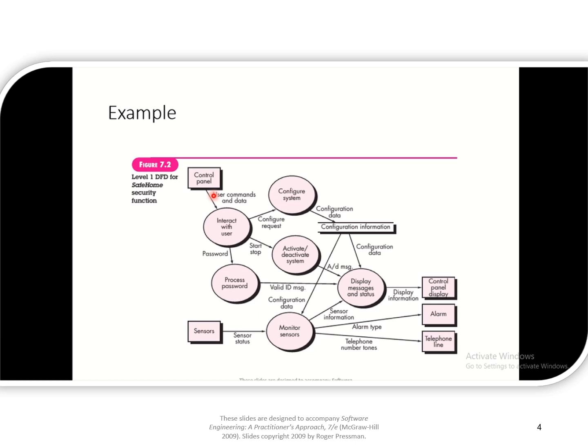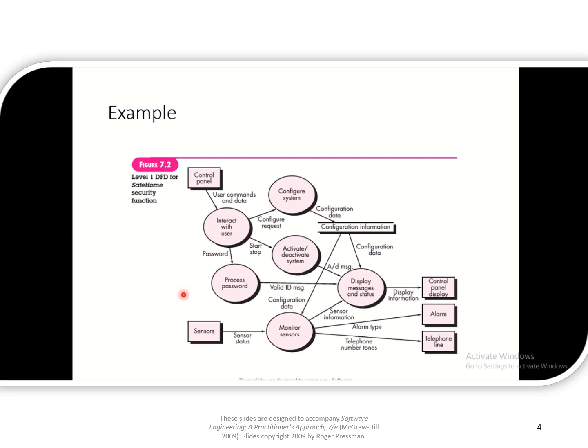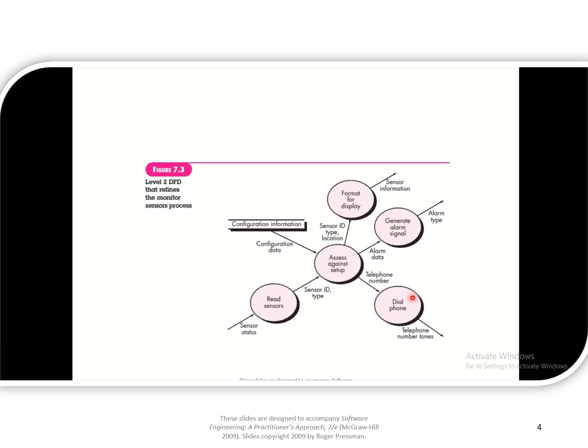So in continuation of the same example, you see the level 1 DFD is further decomposed into the level 2 DFD diagram. You can see that monitor sensor can further be divided into its sub-processes like read sensor, assess against setup, format for display, or dial phone.